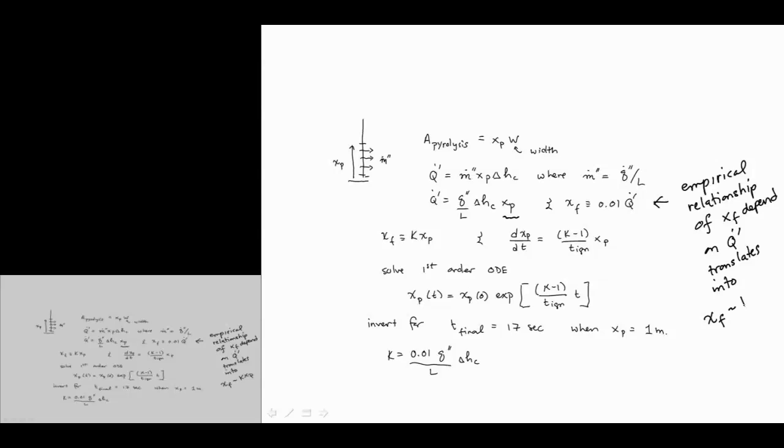So, I already mentioned this, that now the differential equation looks like dXP/dt is equal to K minus 1 times XP over T ignition. First order ODE, we integrate it, we get an exponential dependence. Okay, so that's quite simple.